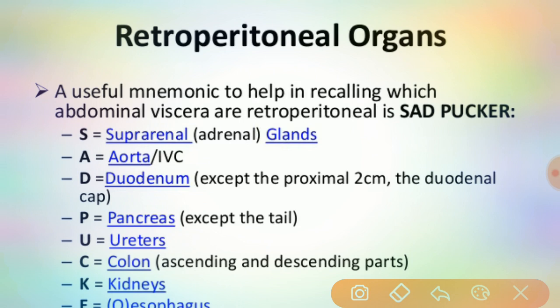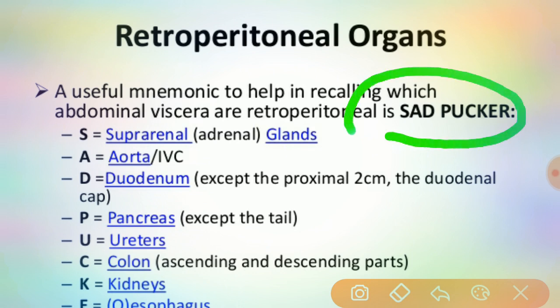There is a useful mnemonic that helps in recalling which abdominal viscera are retroperitoneal. We call it in an easy manner the SAD PUCKER. Let's see the abbreviation of SAD PUCKER.